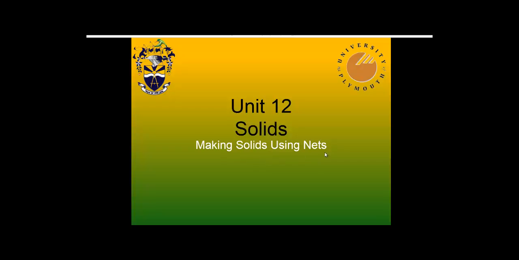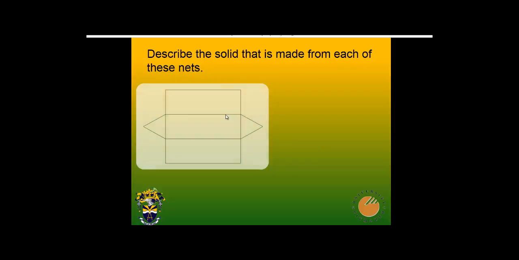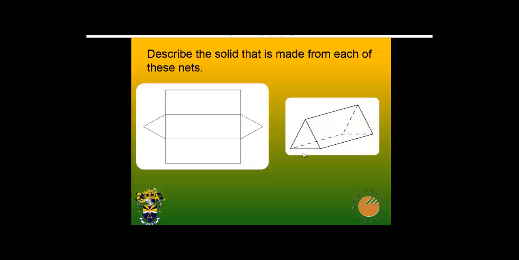Making solids using nets. Describe the solid that is made from each of these nets. Let's look at this net. What solid shape do you think is made by folding up this net? This is the net for the triangular prism.